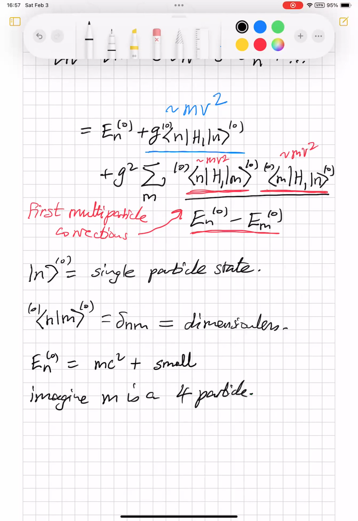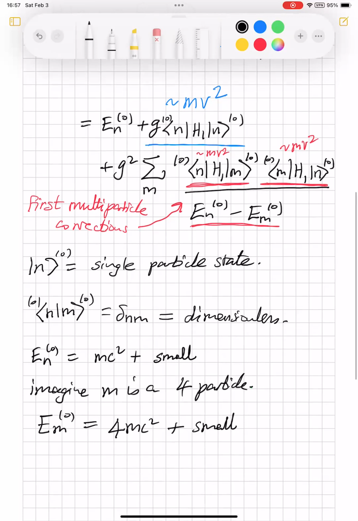In this case, the biggest contribution to the state's energy is again coming from the mass. So Em0 is something like 4mc squared, and then there will be much smaller corrections because of the kinetic energies of the particles and interactions and so on. So again, plus small.